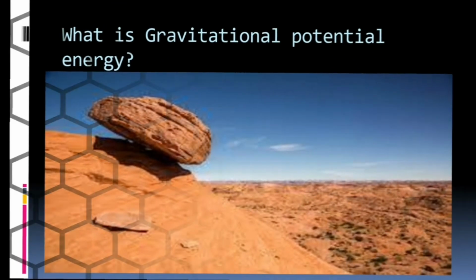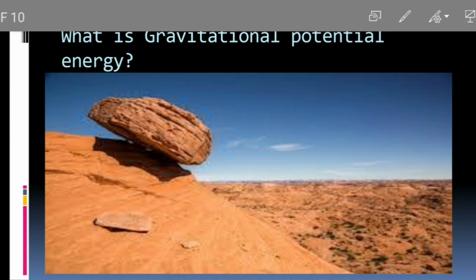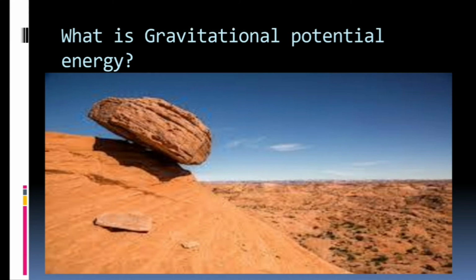Next is, what is gravitational potential energy? Now as you can see, one stone is above the ground. It is on a mountain hill. So how can we define gravitational potential energy?